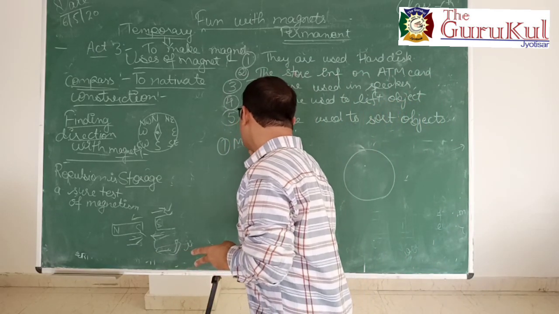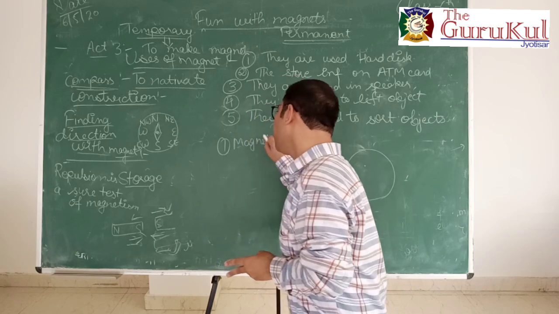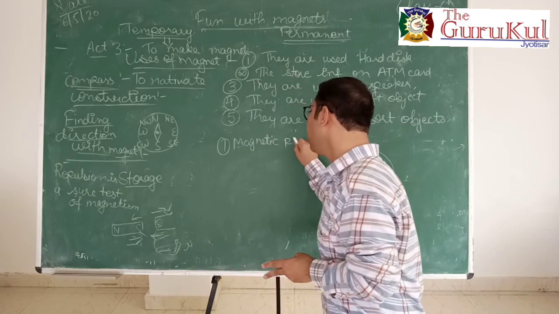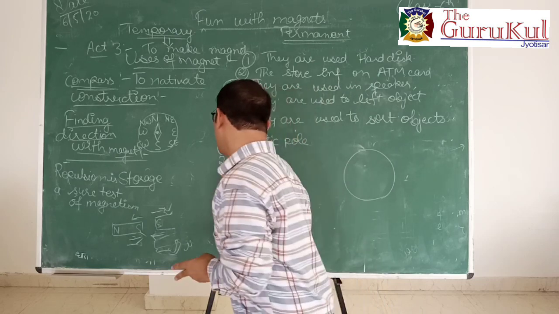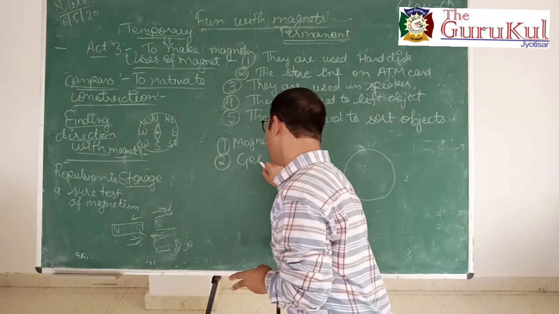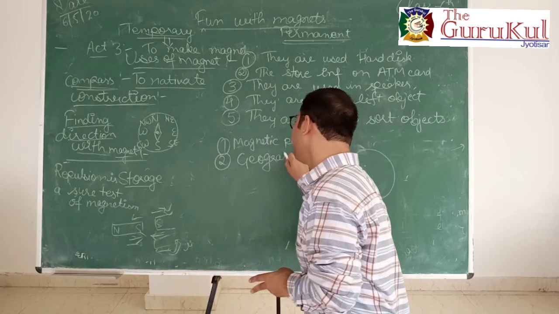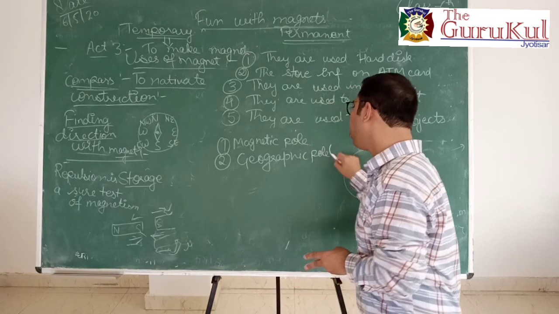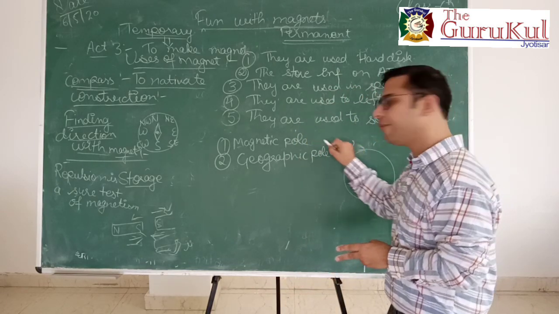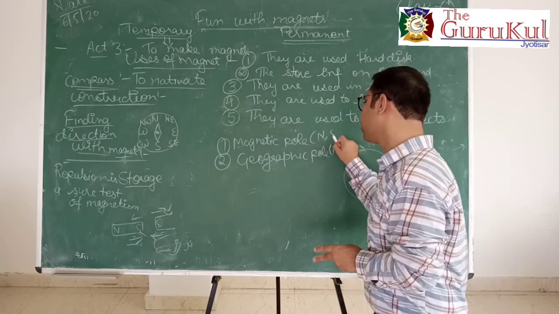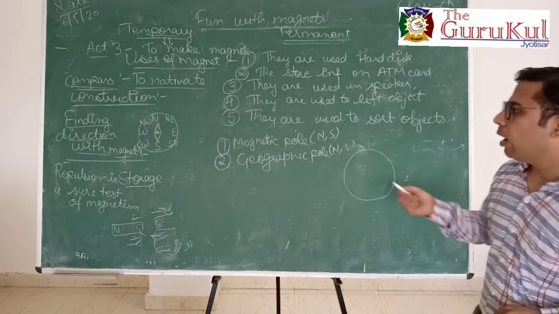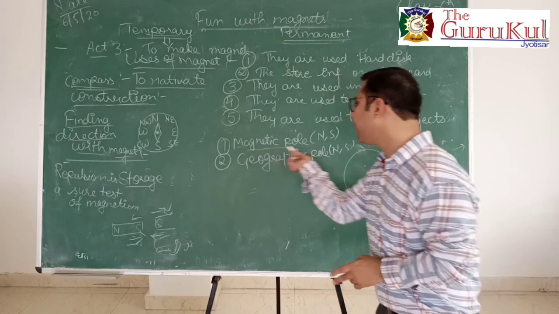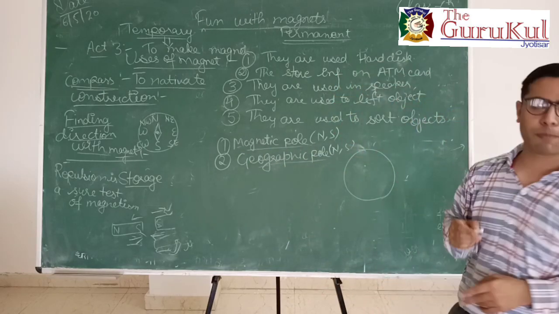One is called the magnetic pole, and one is known as the geographic pole. Both have north and south. So earth has two types of poles, magnetic poles and geographic poles.